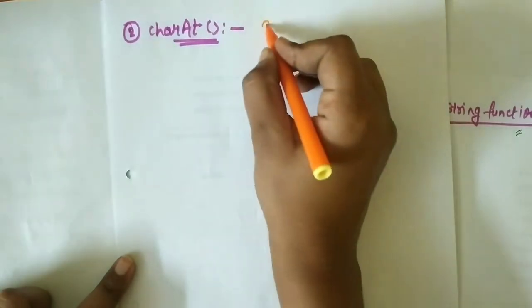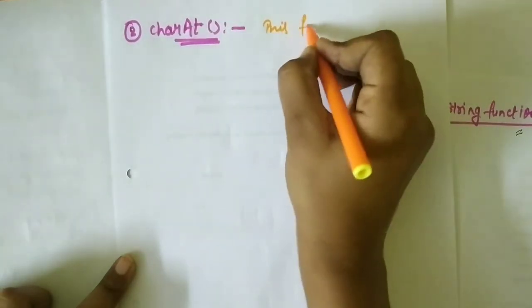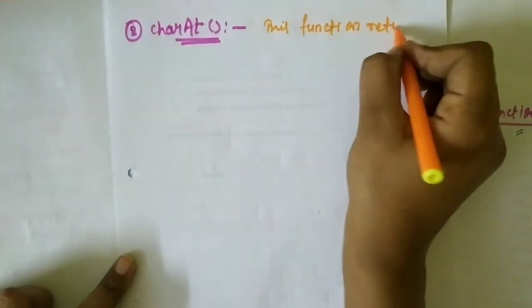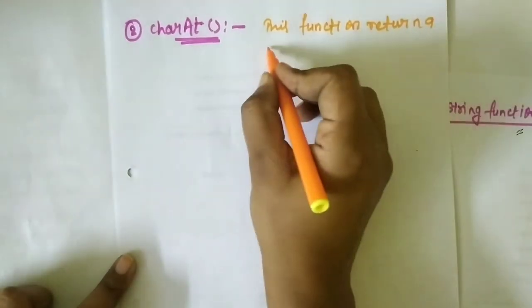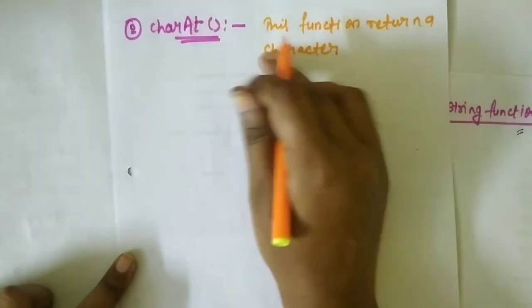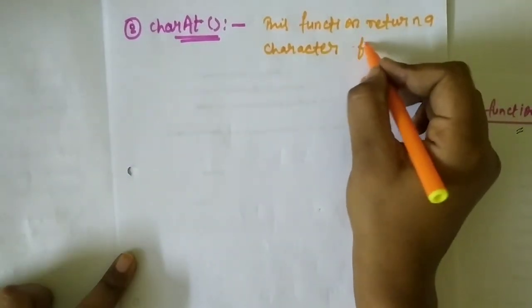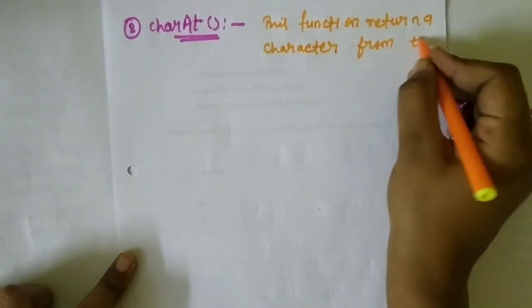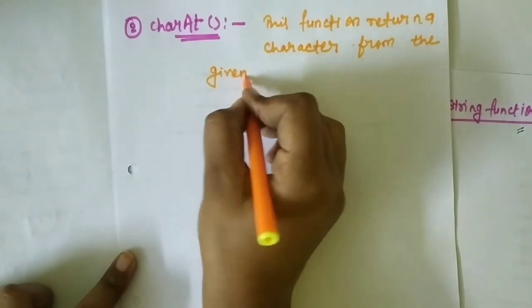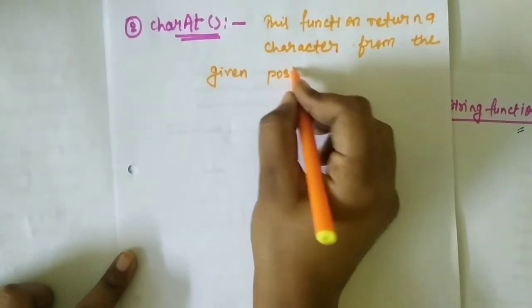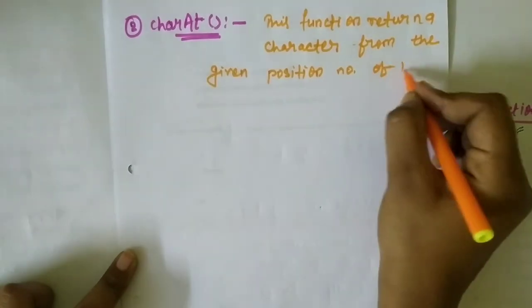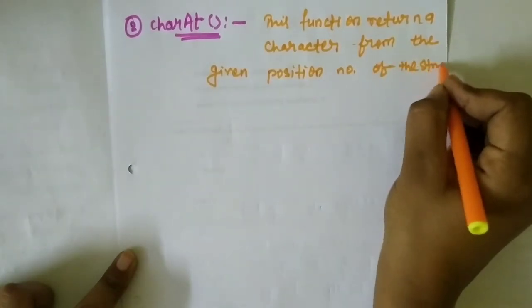This function returns a character from the given position number of the string.